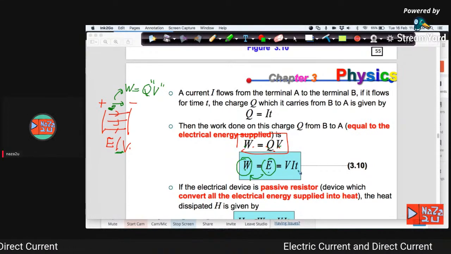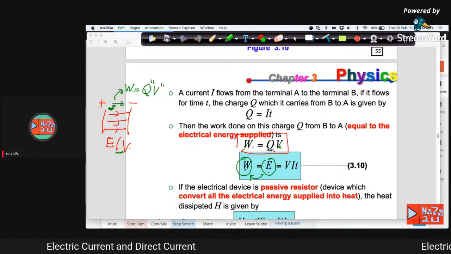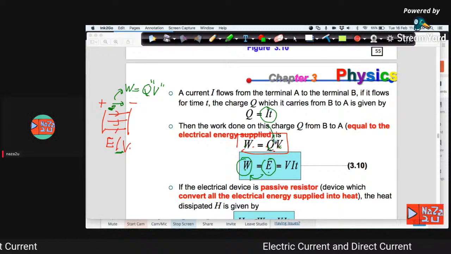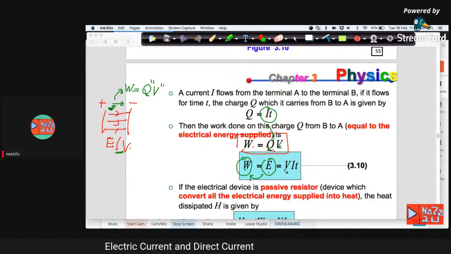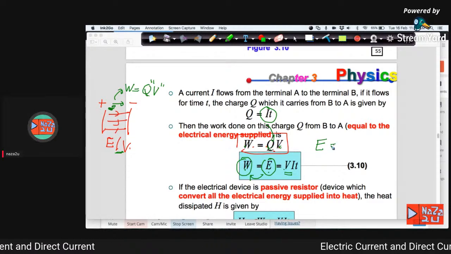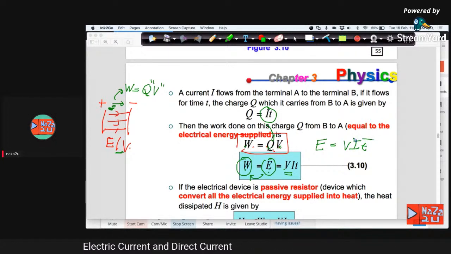And kita tahu juga kat sini, QV. Tapi kita tahu Q tu adalah IT. So masuk dalam sini. So work or energy is equal to VIT. So kita ada satu rumus, electric energy E is equal to potential difference times current times T.